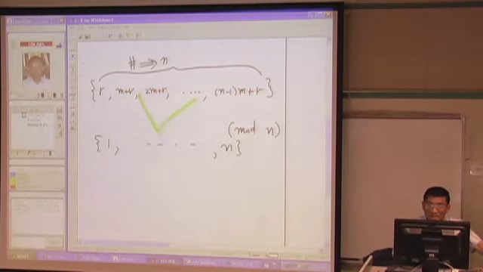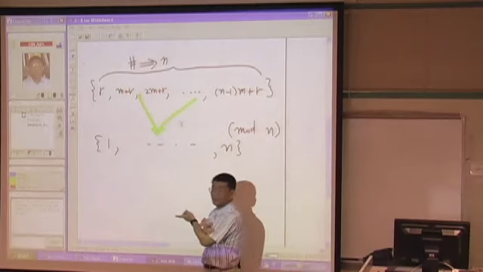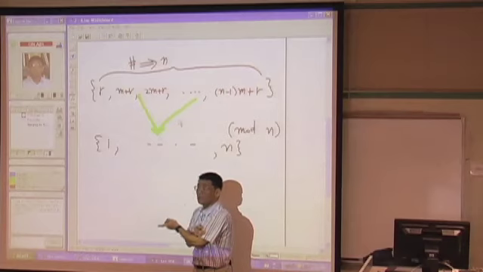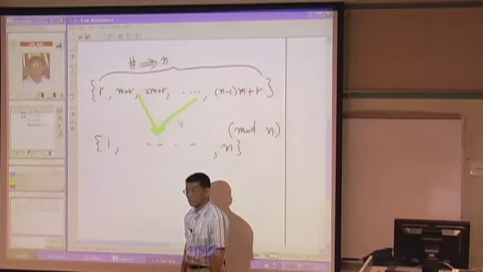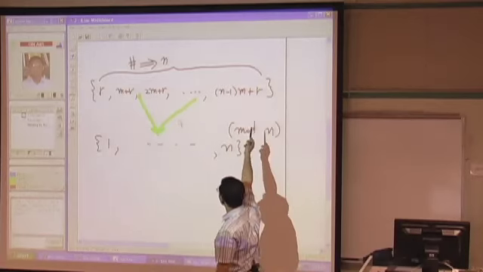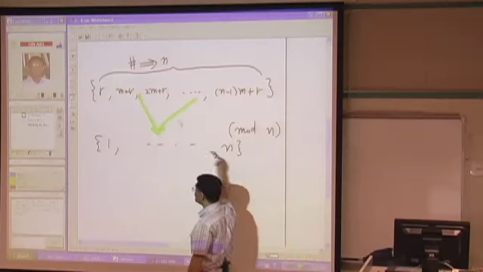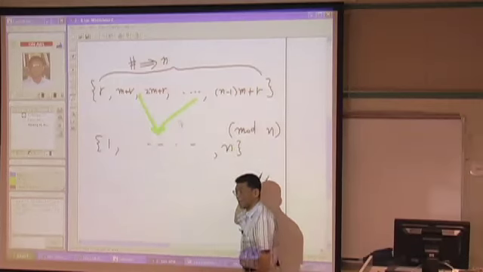If I show that this does not happen, then it proves that this set and this set are equivalent, right? That means counting the qualified numbers in the given set is the same as counting the qualified numbers in this set, and in this set we have phi of n numbers.